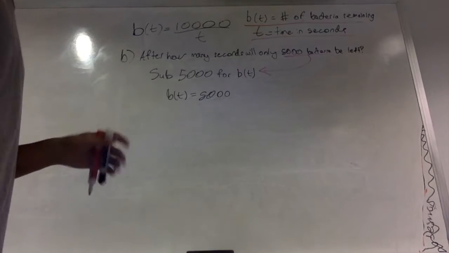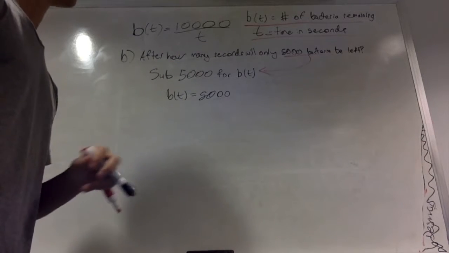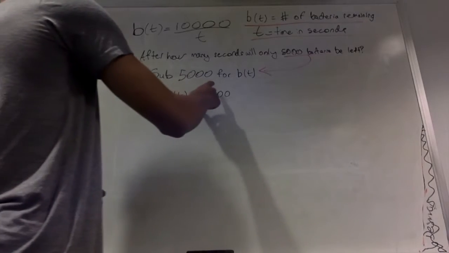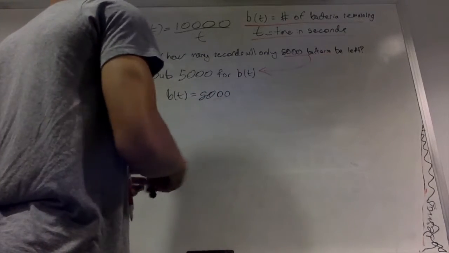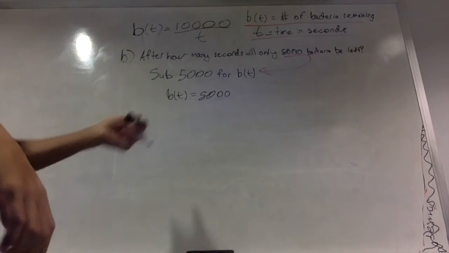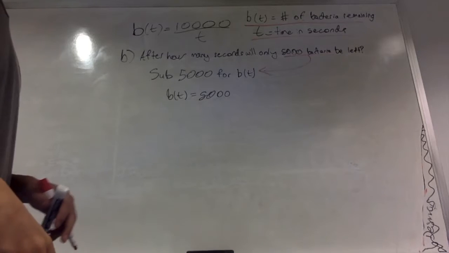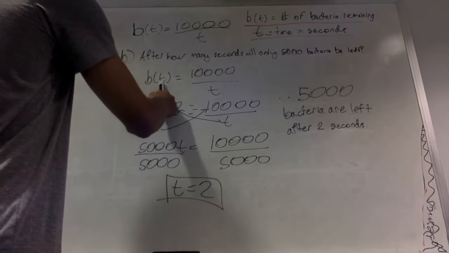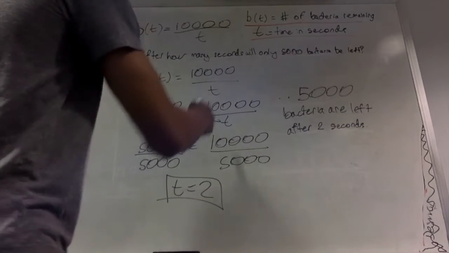So now question B is asking after how many seconds will 5,000 bacteria be left? So we have to sub in 5,000 for B(t) because the question gives us 5,000 bacteria, and we know B(t) is equal to the number of bacteria remaining. Therefore, B(t) is equal to 5,000 for this question. So you restate your equation again, B(t) = 10,000 over t.